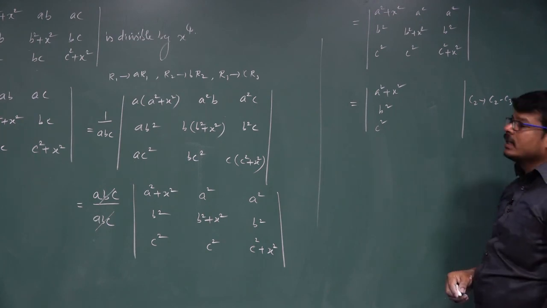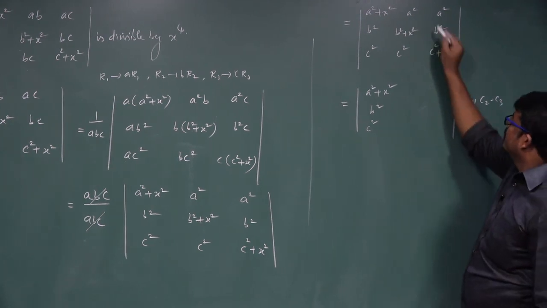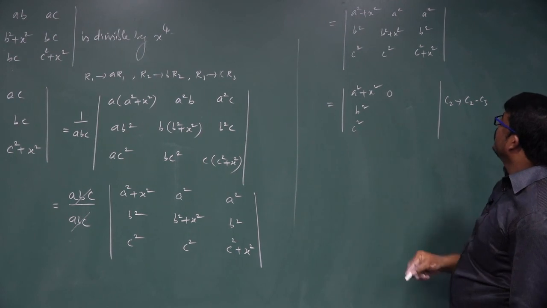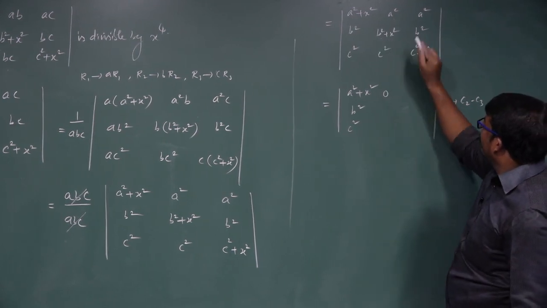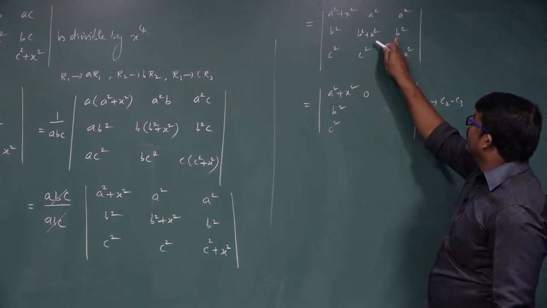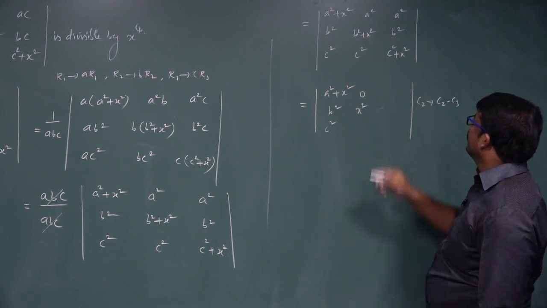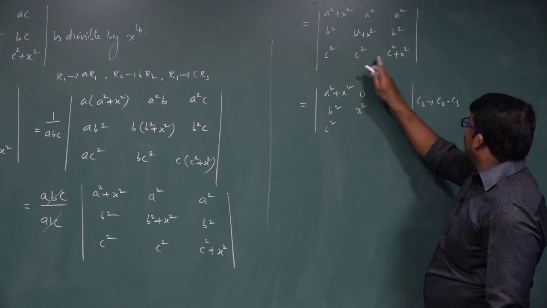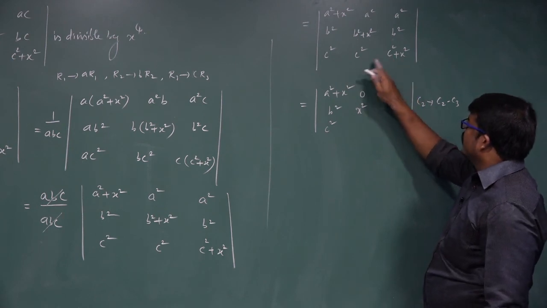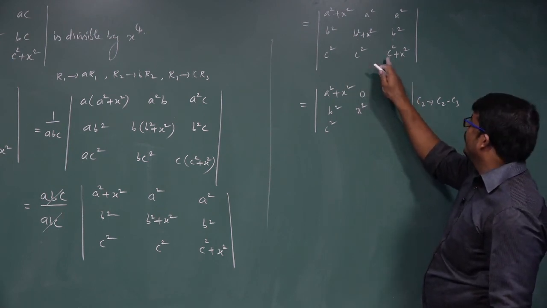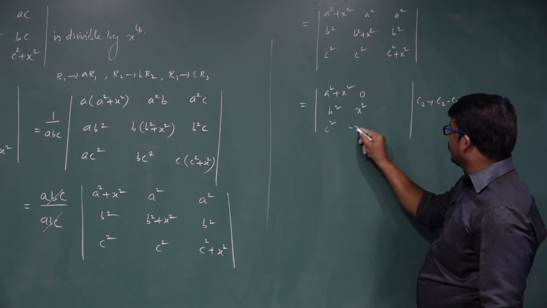A square minus a square value is 0. Next, b square plus x square minus b square, the b square cancel, the value is x square. Next, c square minus c square minus x square, the c square cancel, remaining minus x square.